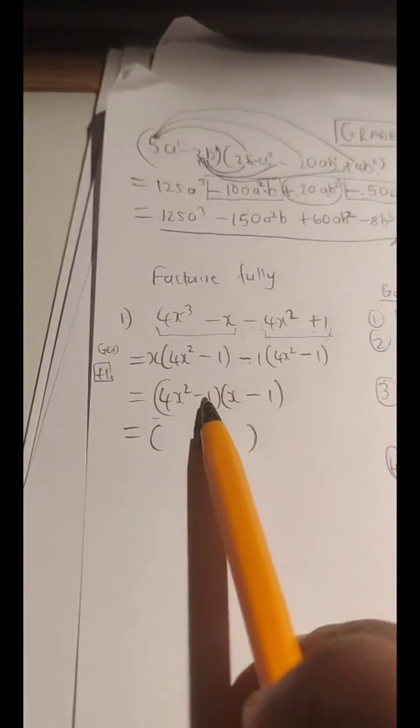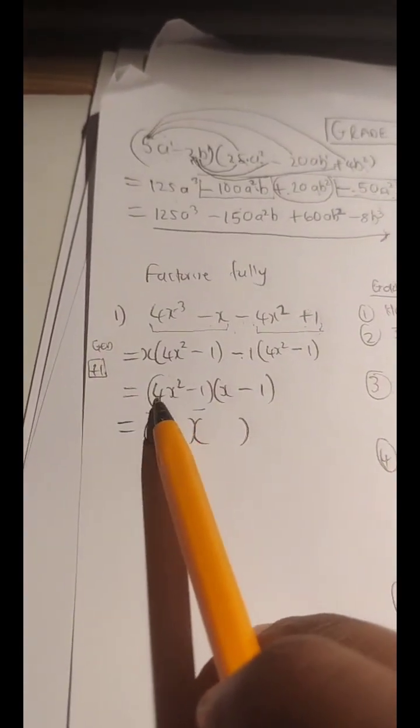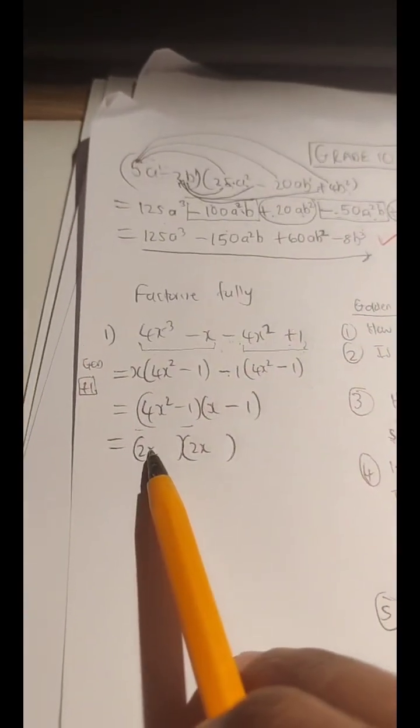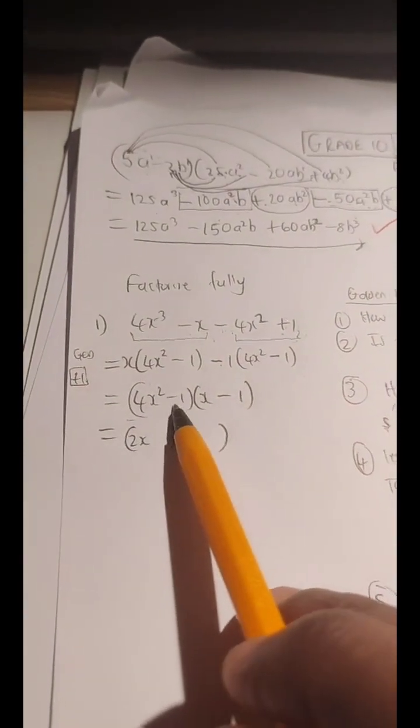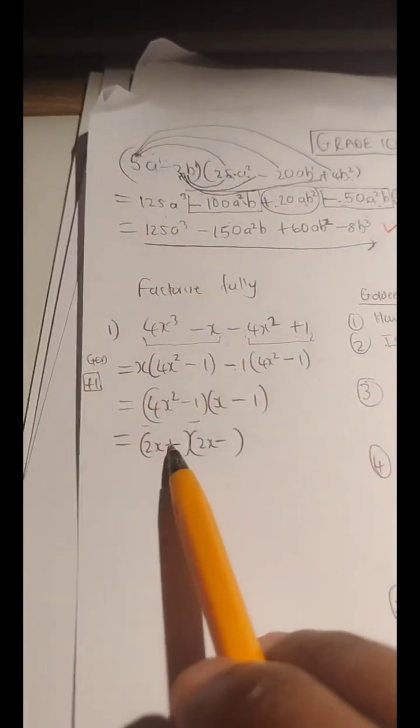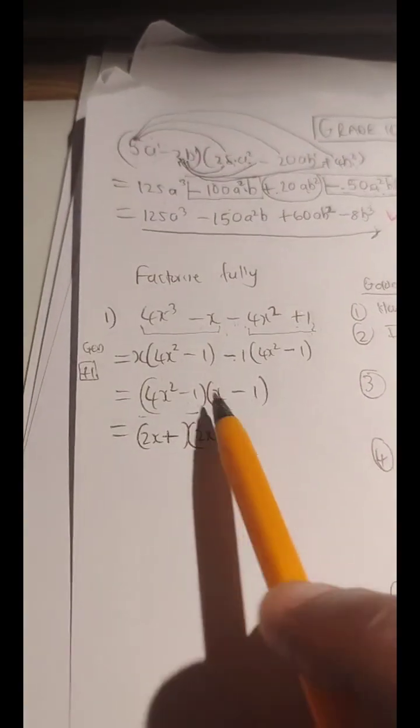So what we do for this bracket is we open 2 additional brackets just for this one. Then we take the square root of 4x squared, which gives us 2x for our first term in the bracket. The minus sign for the constant means we write down 2 different signs, one positive and one negative.